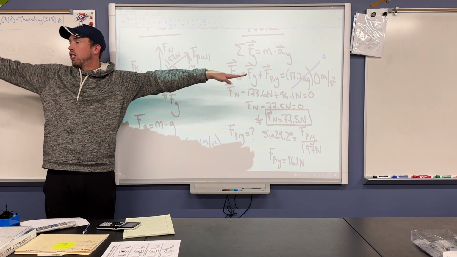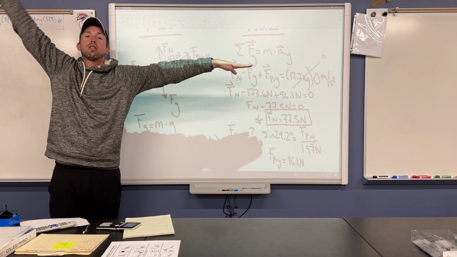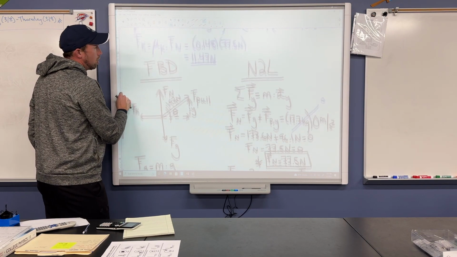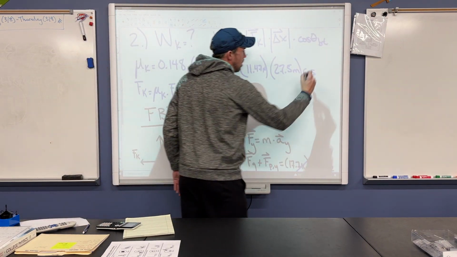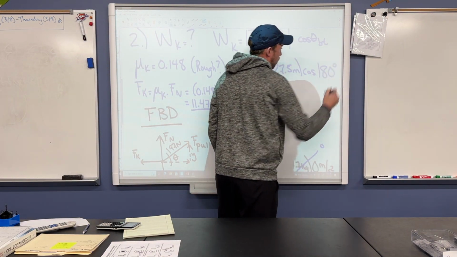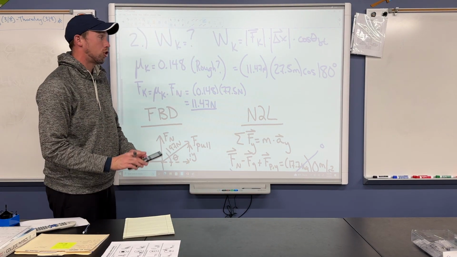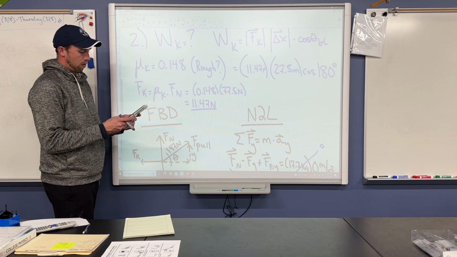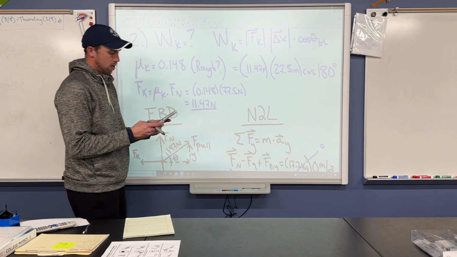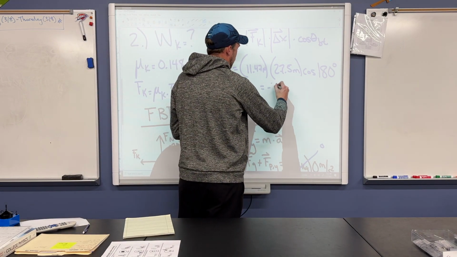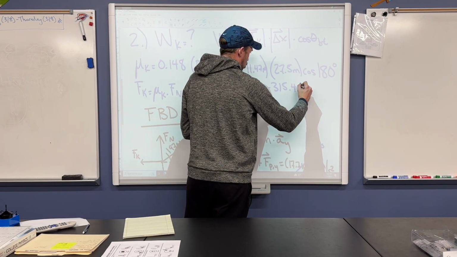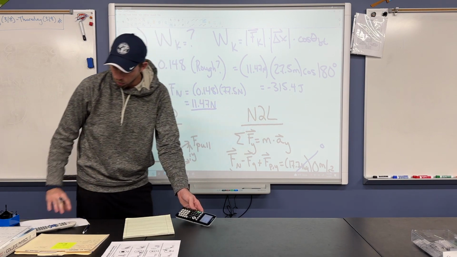Our force of friction is to the left, so between those, we have an angle of 180 degrees. So I'll plug in cosine of 180 here, which if I remember should be -1, so the work we get here should be negative 11.47 multiplied by 27.5 times cosine of 180. So I get negative 315.4 joules.